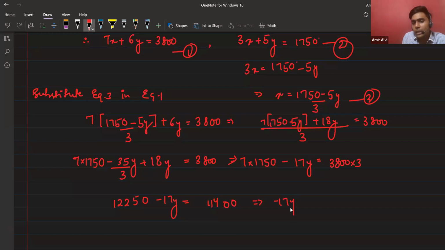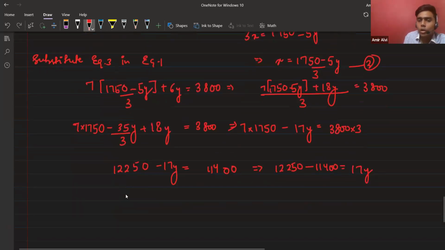Minus 17y equals, or you can do one thing, shift the y to the right hand side and take the 11,400 to the left hand side. 12,250 minus 11,400 equals 17y. Okay, is this clear to all of you?